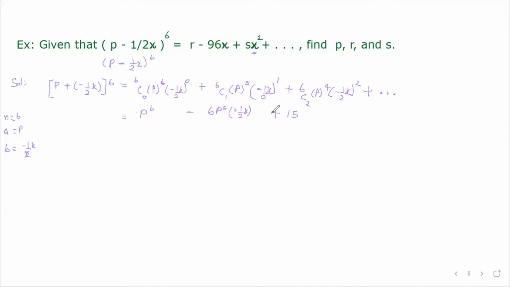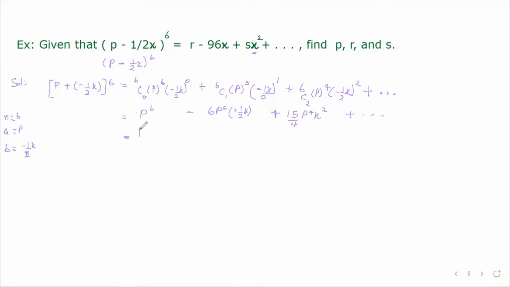So the sign is still plus, nothing changed. And then 1/2 becomes 1/4, correct? Because power 2. So it becomes 15/4 p to the power 4 x to the power 2. Okay, now we simplify this one.